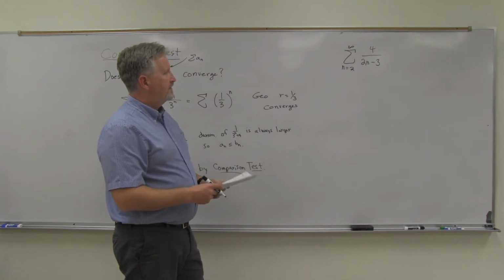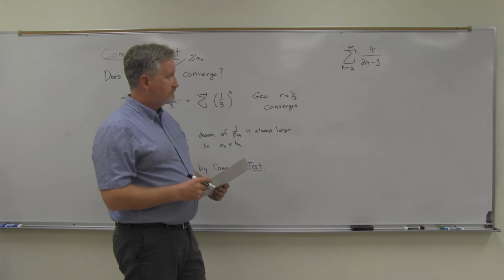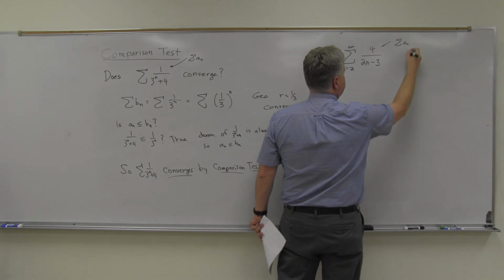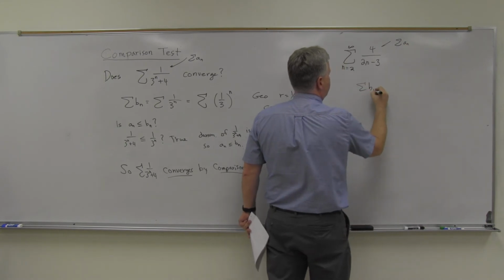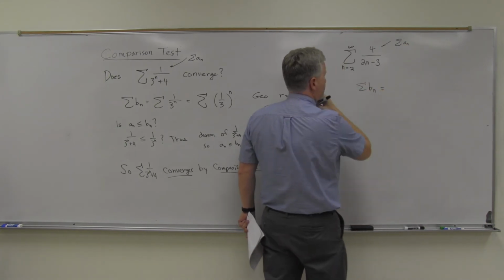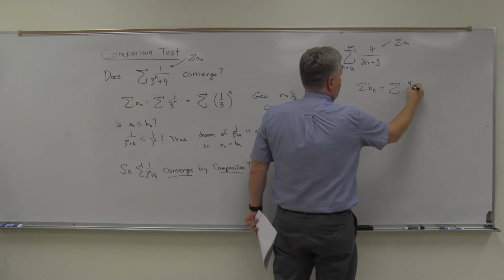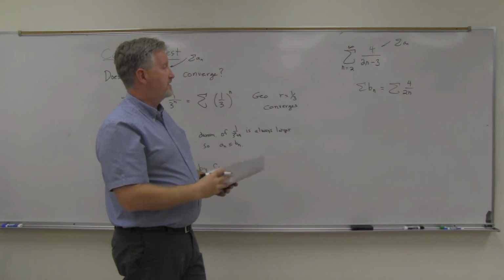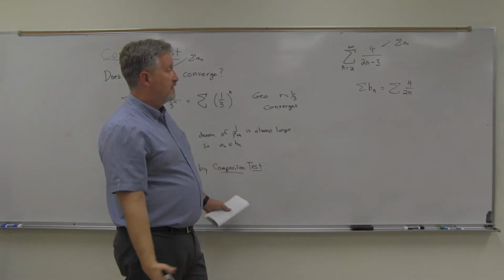this is our little series here, and so that's our a sub n series. What's the b sub n? You think? 4 over 2n, which brings up the first case here where we've had this. That can be simplified.